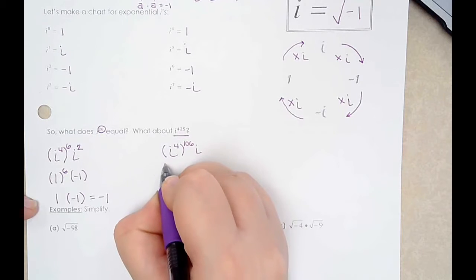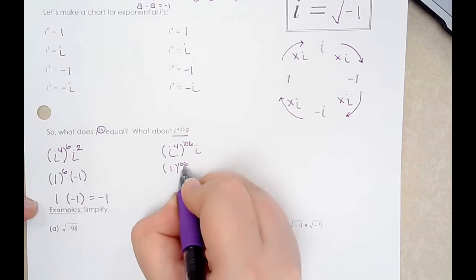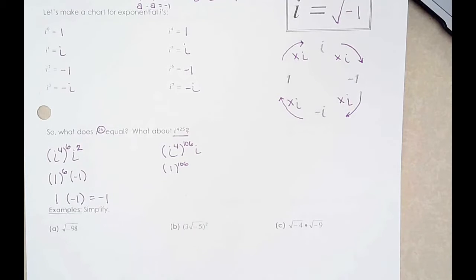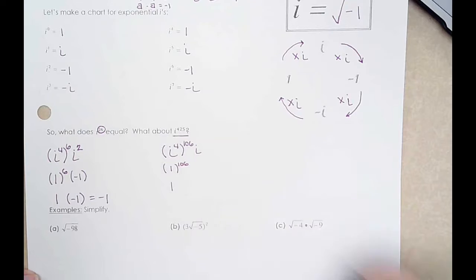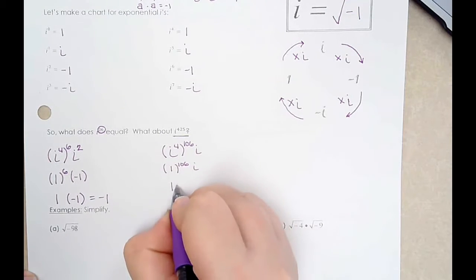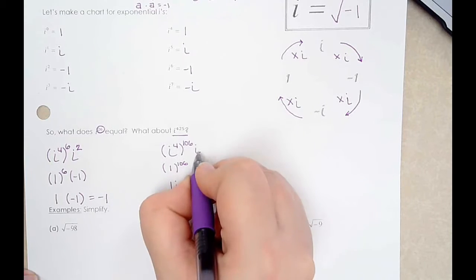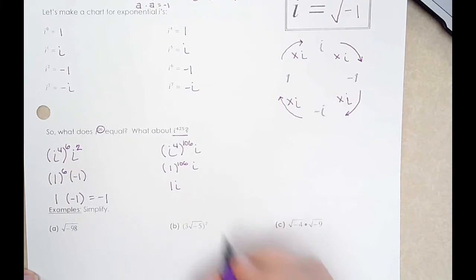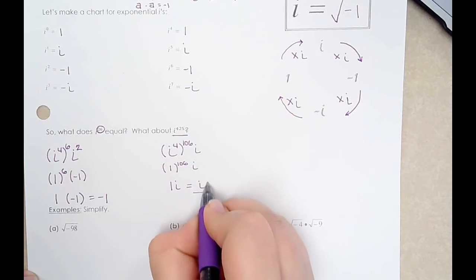Again, I strategically chose that so that when I multiplied, 1 to whatever exponent in the world is still just going to be 1. So I've strategically chosen the easiest value to simplify. When I get all the way said and done, because I can't simplify i any further, my final answer for i to the 425th is just i.